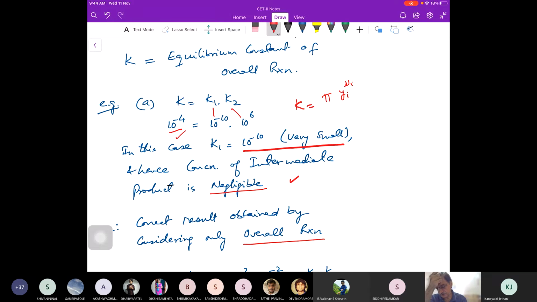If K1 is very small compared to K2 we can ignore the intermediate formation. But if K1 is comparable or more than K2 then we cannot ignore it. We have to consider it. ठीक है?